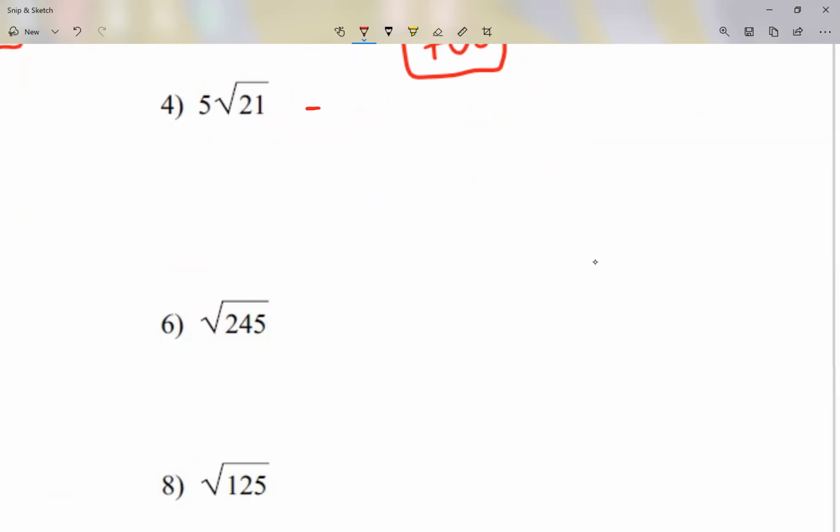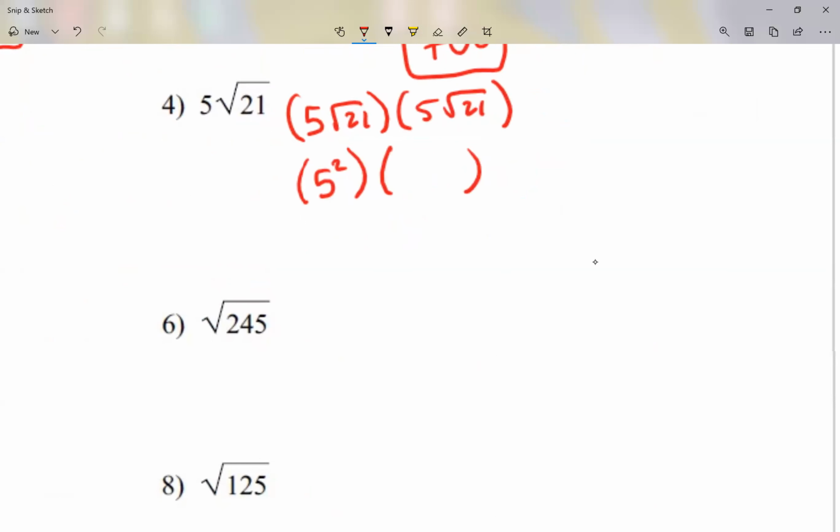I have 5 radical 21 times 5 radical 21. Remember, for the first 4 questions, it was square. So basically multiply by itself. So I'm going to have 5 squared, the whole numbers, and another parenthesis, just the square roots. The square root of 21 squared.